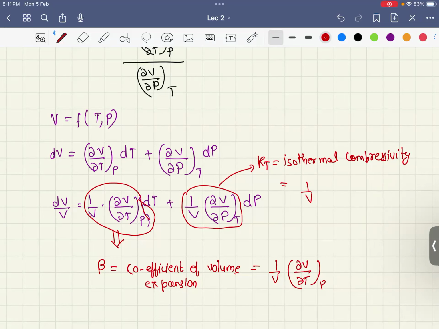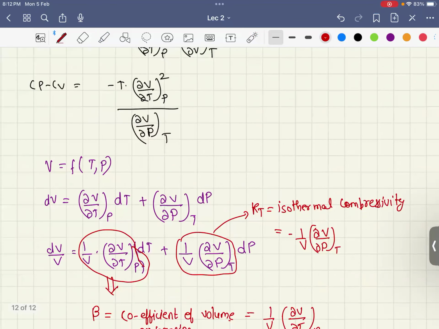1 by V multiplied by minus dou V dou P at constant T. Because this derivative is negative, just to make the value positive, we define it this way.